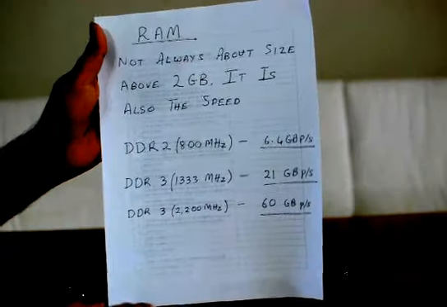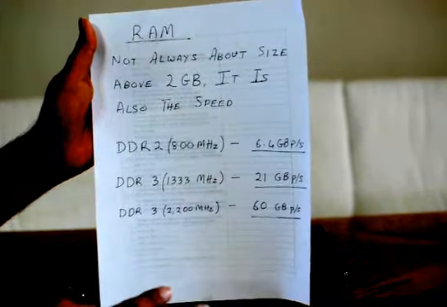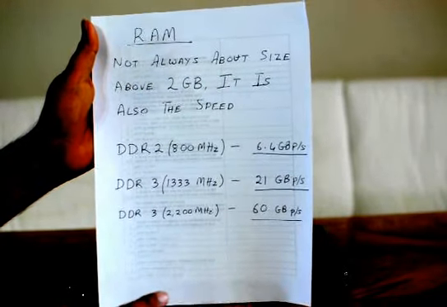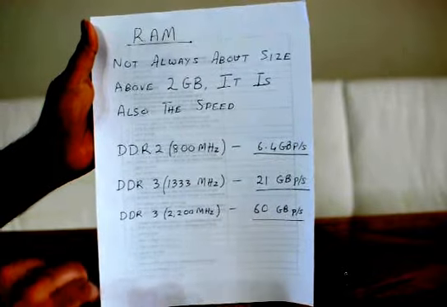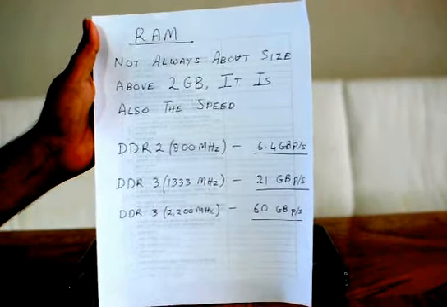Also, with respect to the RAM, generally the thumb rule is that 2 GB of RAM is good enough for general home use, and anything above that does not boost the system performance much, as it is the increase in the speed of the RAM that would actually improve the performance.